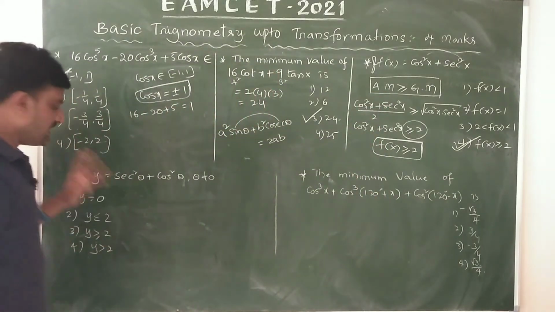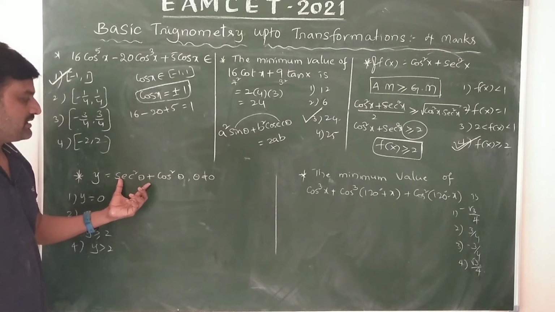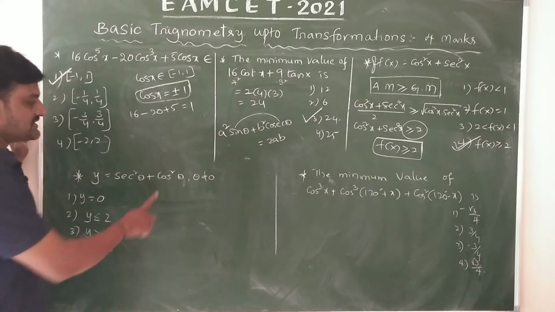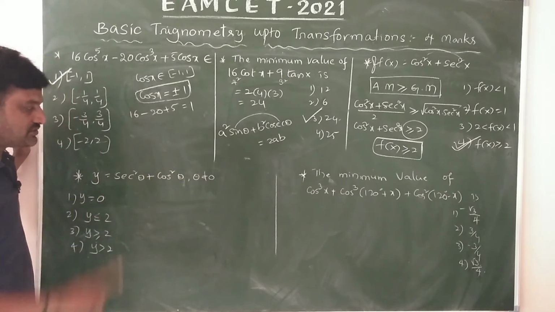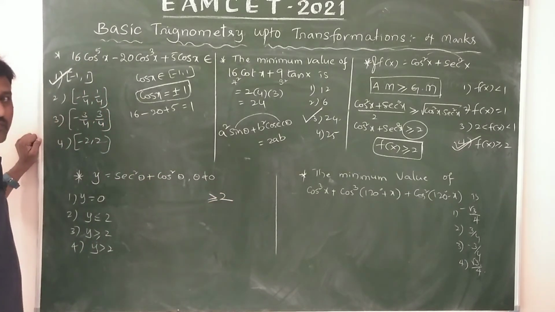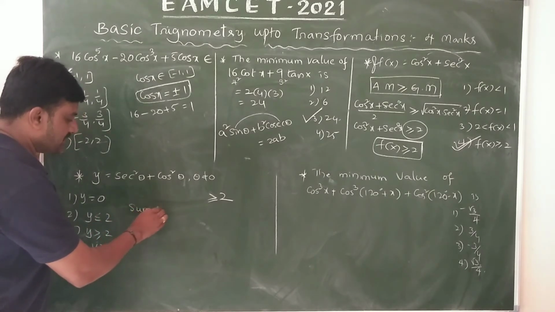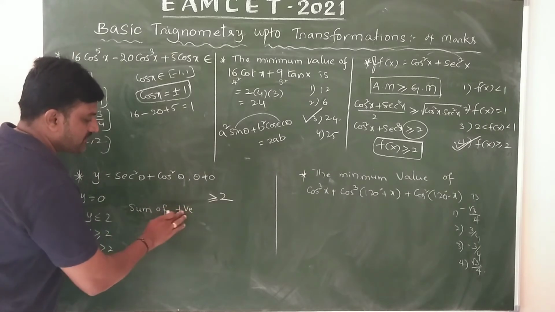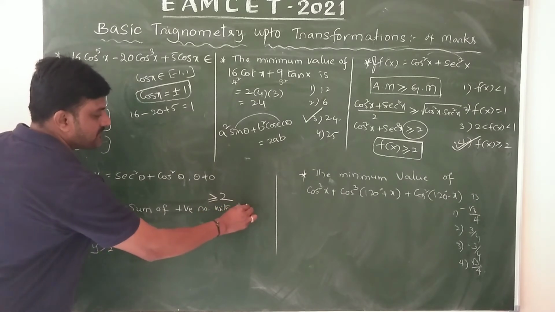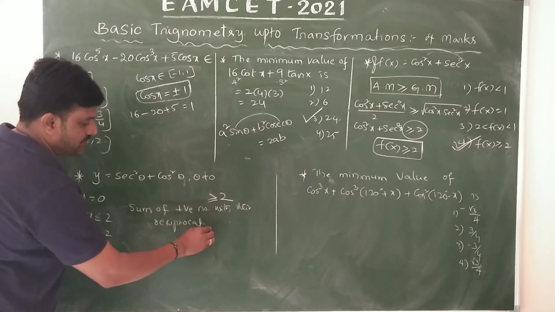But here observe, for positive reciprocals, the sum of a positive number with its reciprocal should always be greater than or equal to 2.